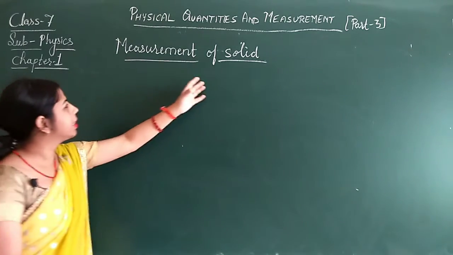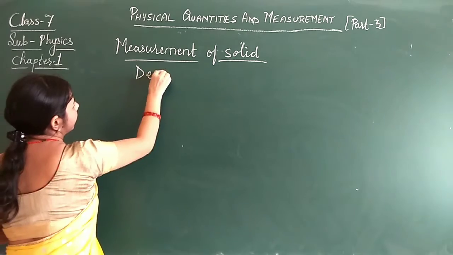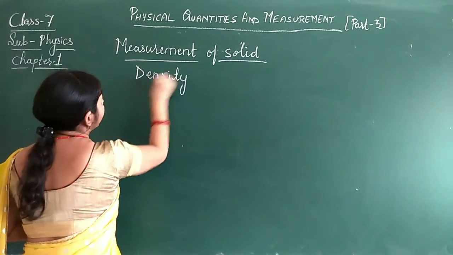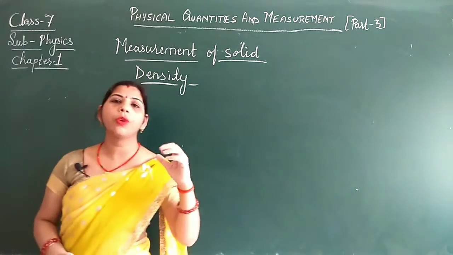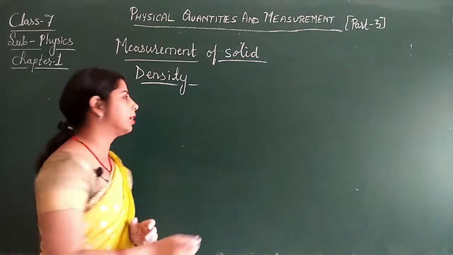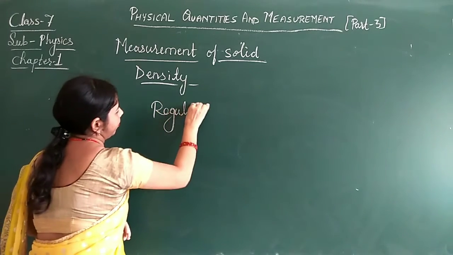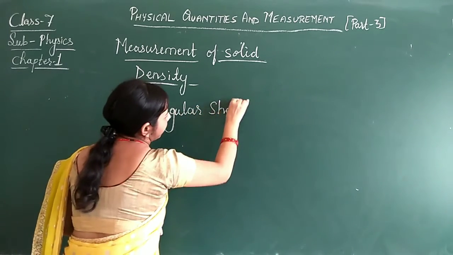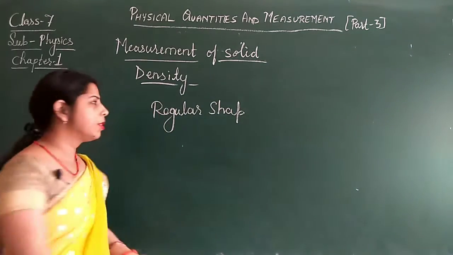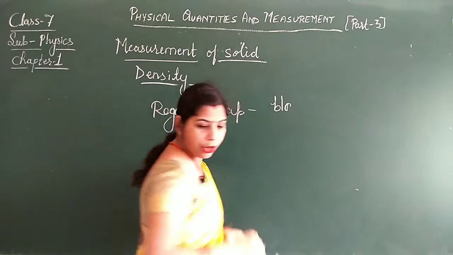That means we are going to measure the density of a solid. Suppose we are going to see a solid of regular shape. What are the regular shapes? Just like a rectangular block.